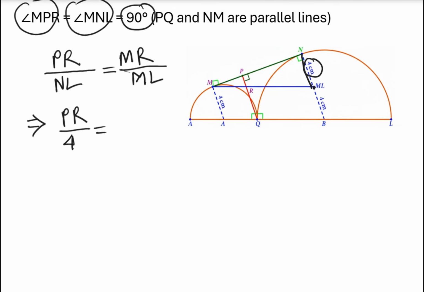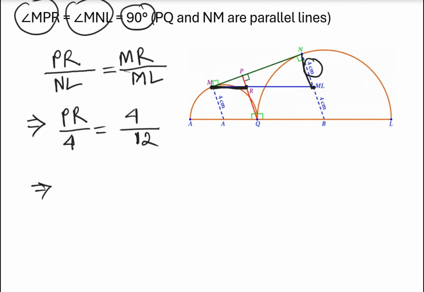And MR, this is M and this is R. MR is equal to 4 centimeters. And ML, M to L, is 12 units.